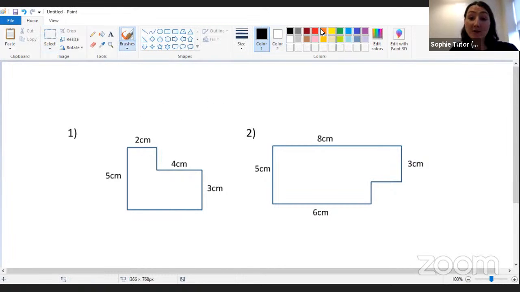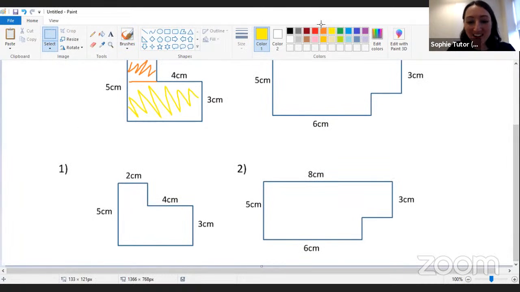So there were two ways of breaking this down, and I'm going to break it down both ways. We could have either drawn the line across here and had a shape here, and then the shape here. That was one way of doing it. Or the other way of doing it, if I scroll down, was the same shape here.